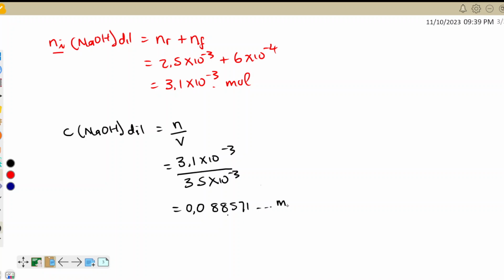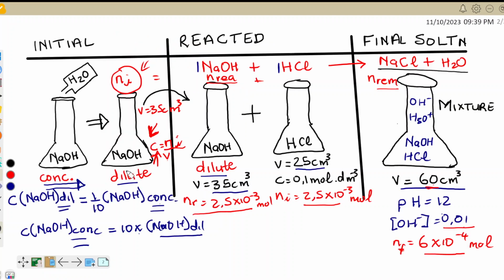So this is the concentration of the dilute solution. If we know the concentration of the dilute solution, the concentration of the concentrated is 10 times the concentration of the dilute. So to find the concentration of the concentrated, we just multiply that concentration of the dilute by 10.